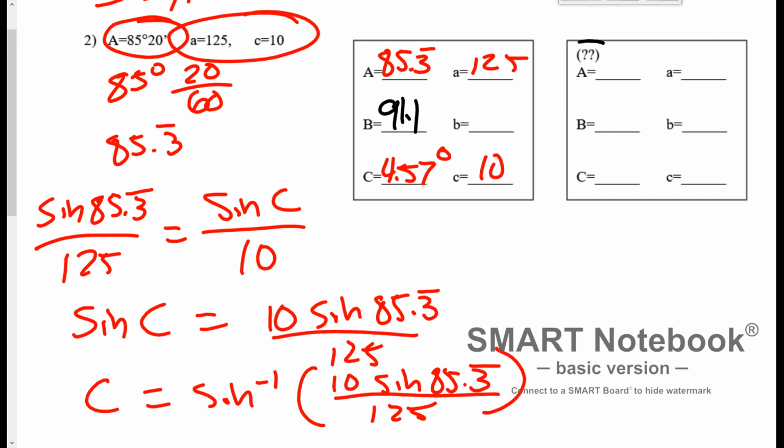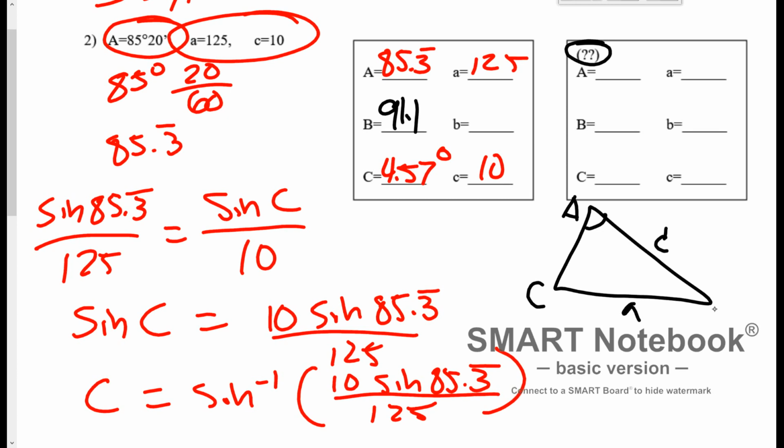Now to figure out if there's a second triangle, sometimes it's best to draw it out, right? So this is angle A, and then I have angle C, so this would be little a, this would be little c, and this would be angle B, of course, and this would be little b.